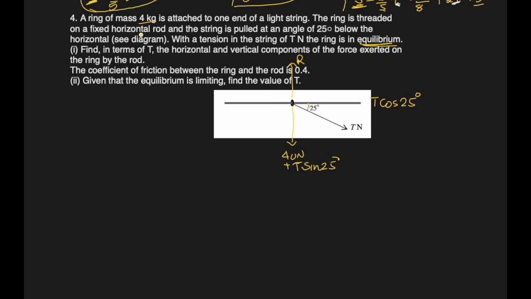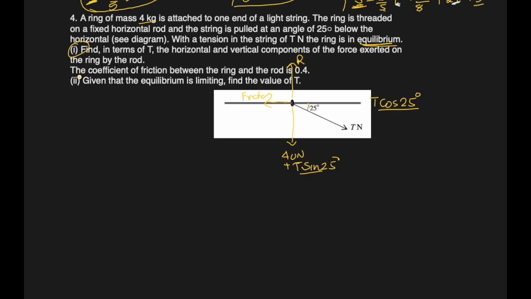And there is a friction also. Yes, there is a friction as well, so there will be friction in this direction. So let's call it friction. But find in terms of T the horizontal and vertical components of the force exerted. So these are the horizontal and vertical components. These are the answer of part 1.